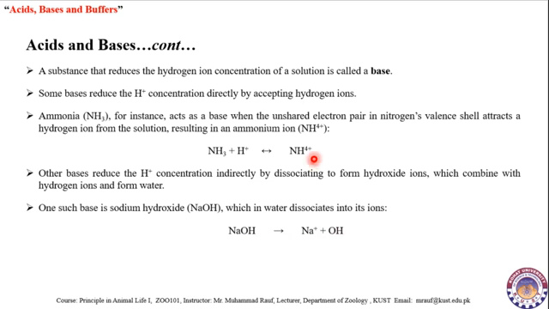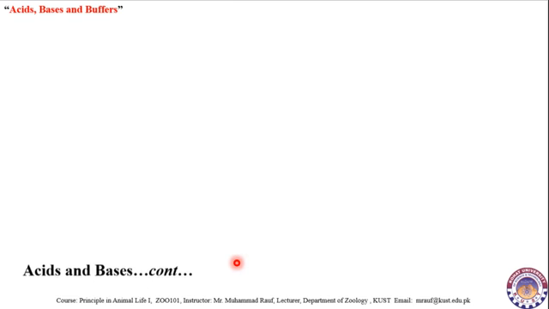So now we have examples for the definitions of the base. A base is a substance which decreases the concentration of hydrogen ions, or a substance which increases the concentration of hydroxyl ions. In either case, the base reduces the hydrogen ion concentration.